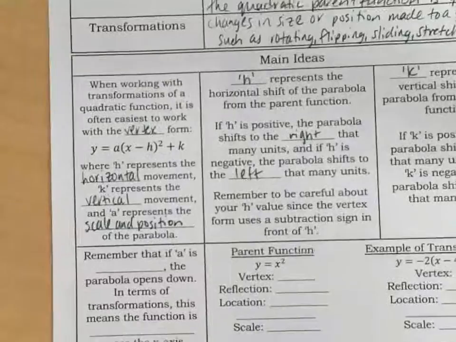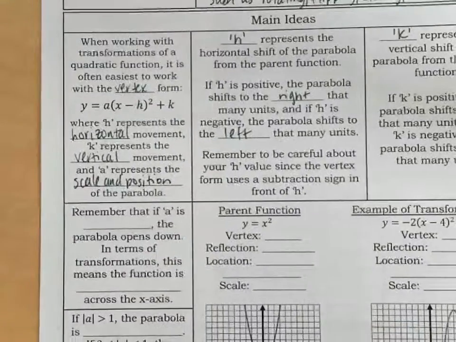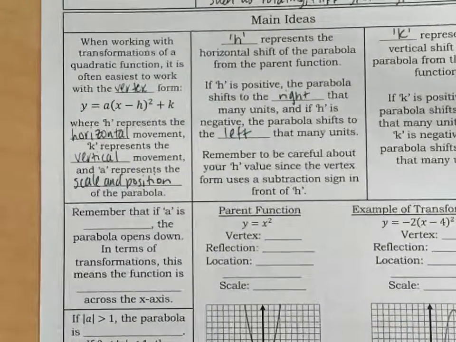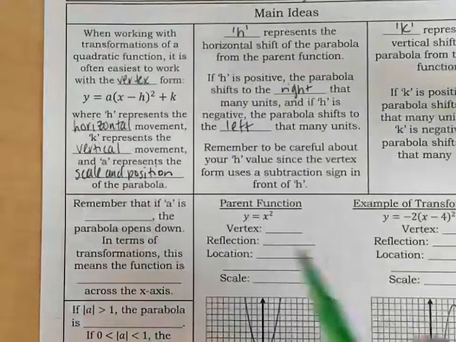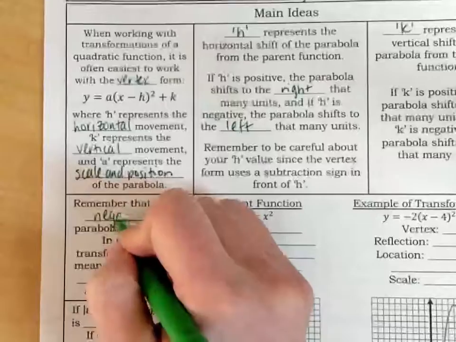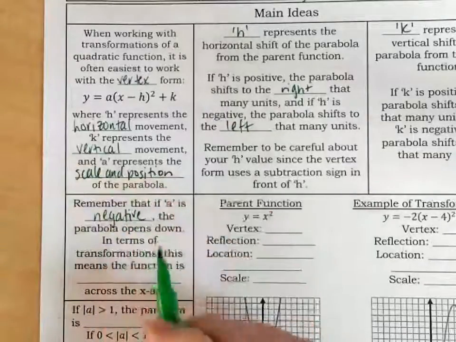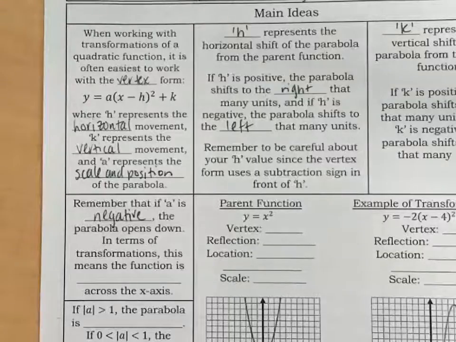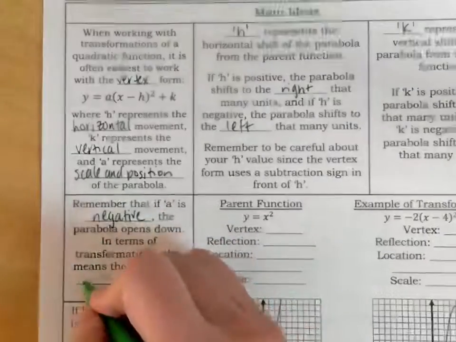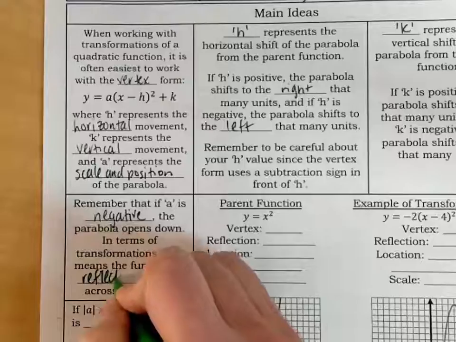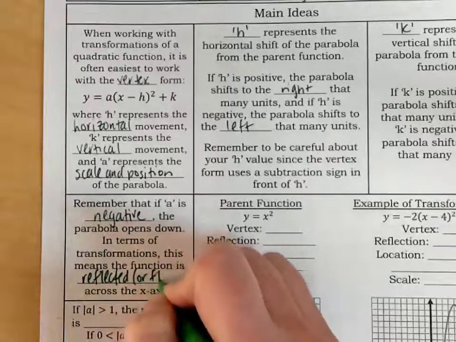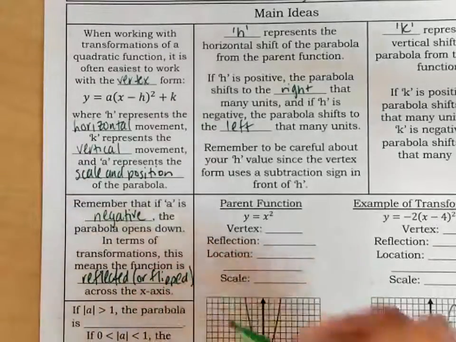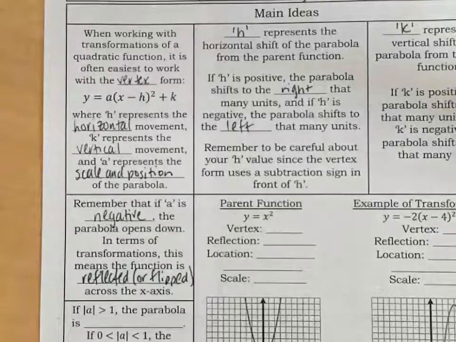Okay, now the a value, I promised we would talk a little bit more about. A is the scale and position. If a is negative, we've already talked about what happens. What that means is the parabola opens down. And when we're discussing that as a transformation, it means that the function is reflected, which is another word for flipped, across the x-axis.